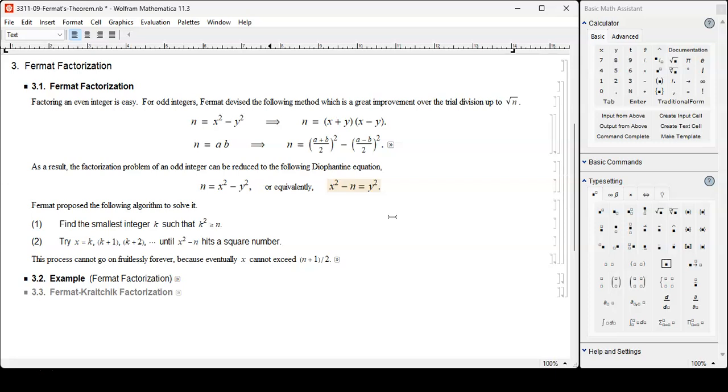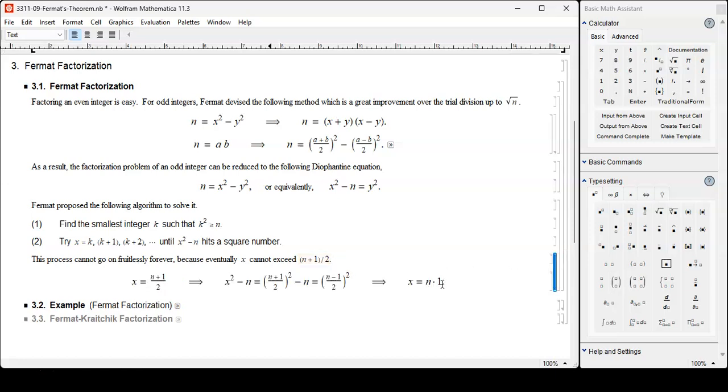And this process cannot go on fruitlessly forever, because eventually it'll have to stop, because x cannot exceed n plus 1 over 2. If you do have n plus 1 over 2, then n plus 1 over 2 squared minus n, you get n minus 1 over 2 squared.